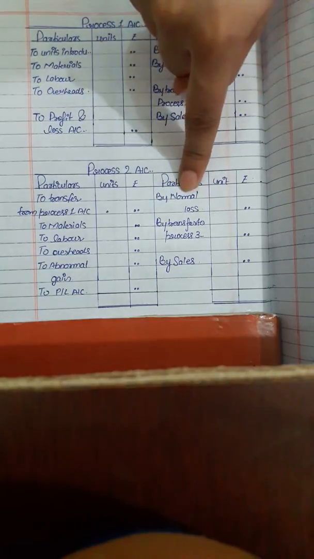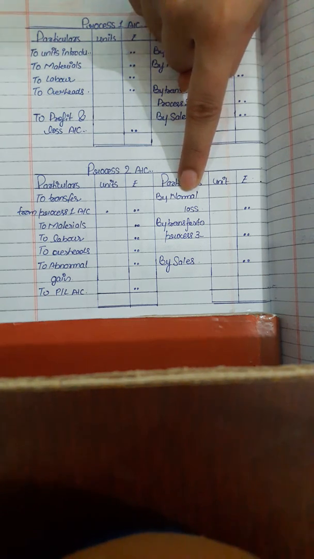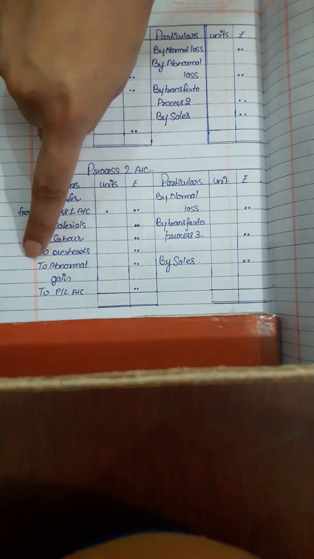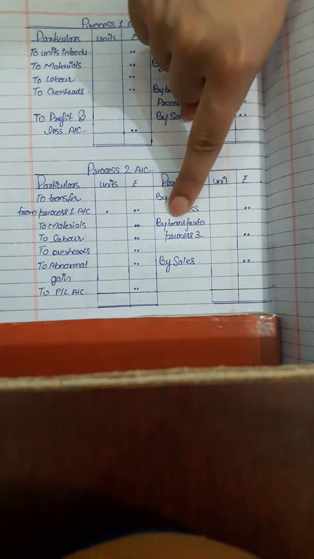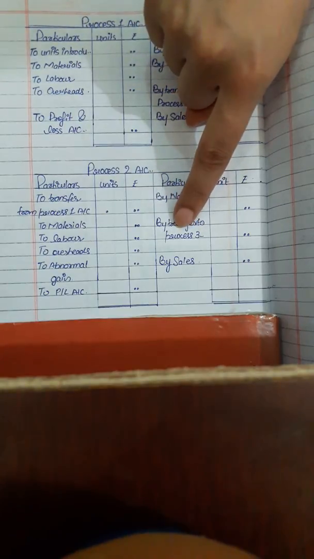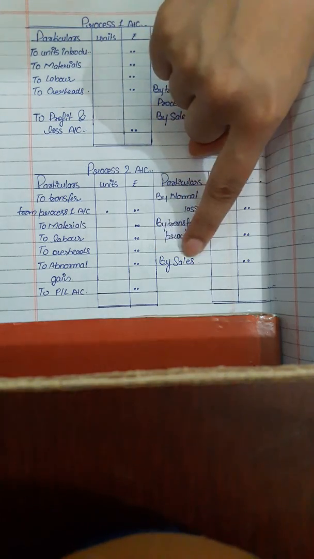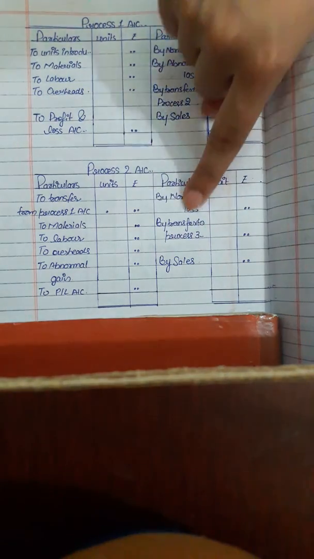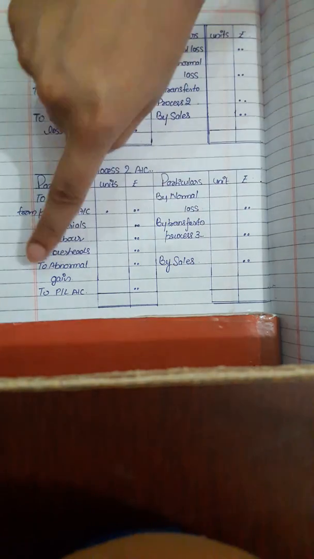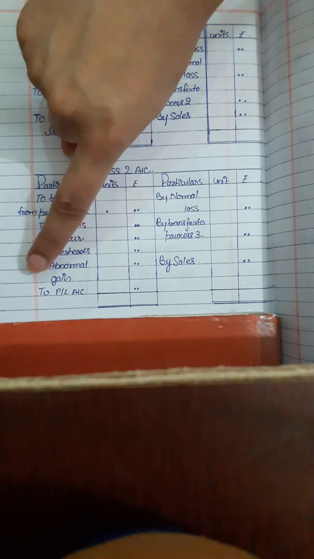Here we do not incur any abnormal loss in process 2, and we have abnormal gain, so it will be written here on the debit side as abnormal gain. There is no abnormal loss. And then we'll transfer the closing stock to the process 3 account. And if there is any sale, we'll write it as by sales on the credit side. Also, your balancing figure will come in the to P&L account.